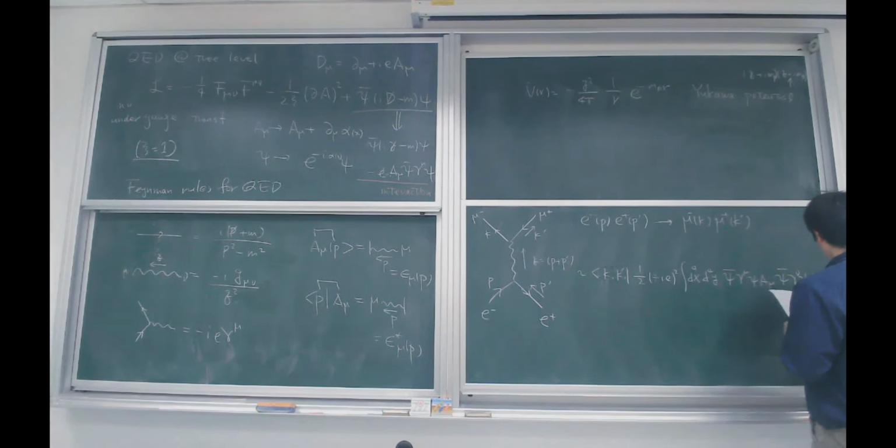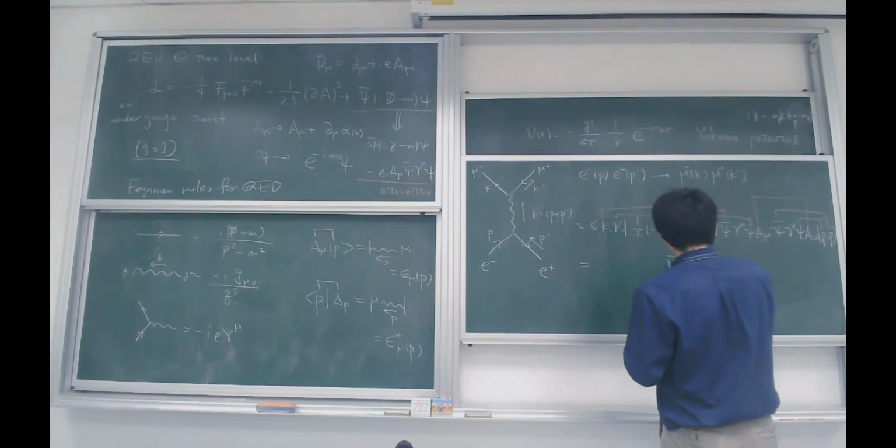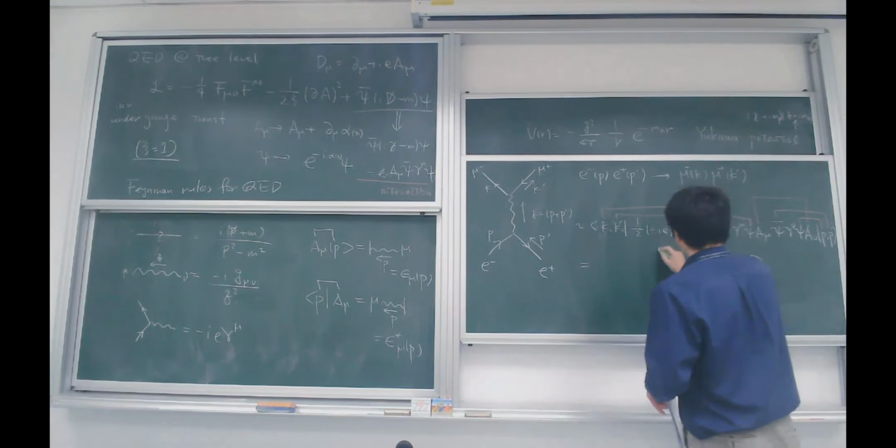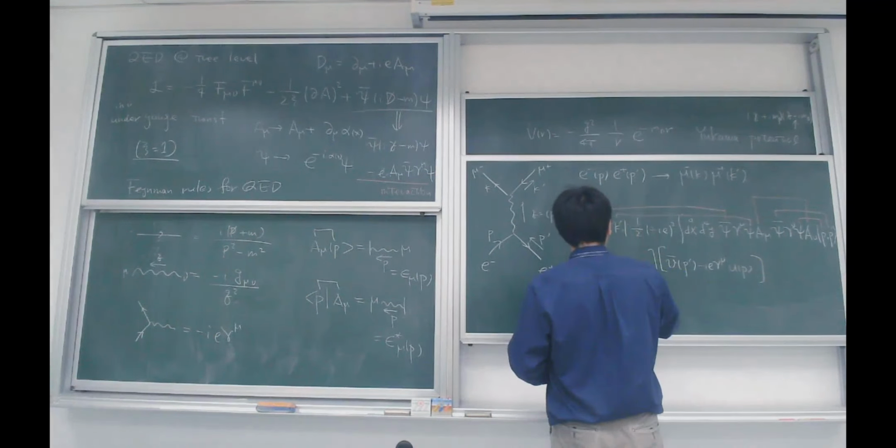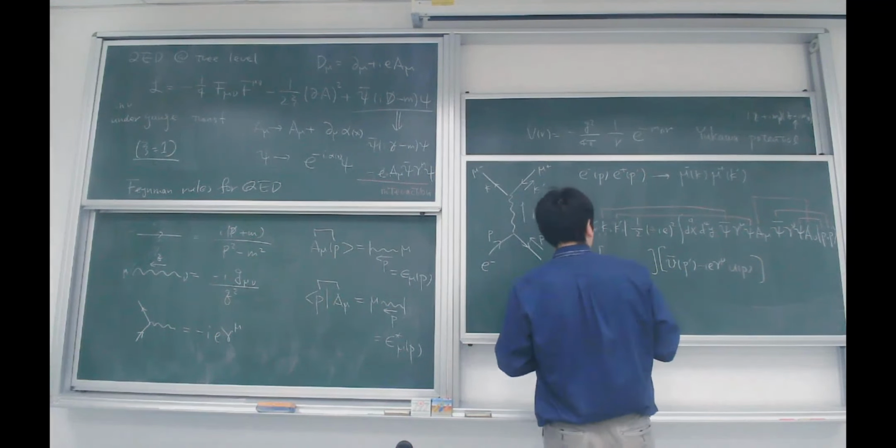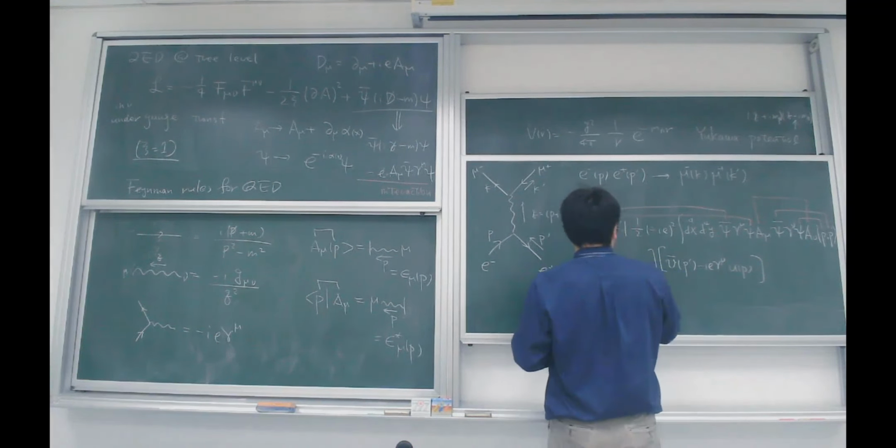So here you have u(p) minus i e gamma mu, and then v bar(p prime). That's coming from here, and another piece is coming from the other vertex. And then in the middle you have minus i g mu nu over q squared.